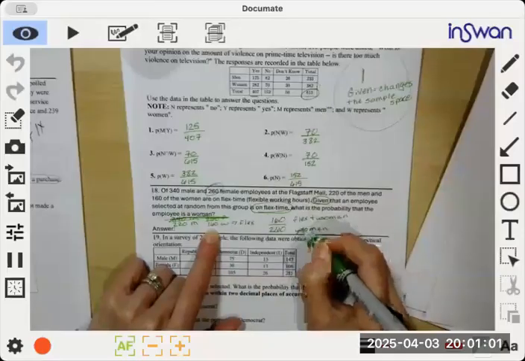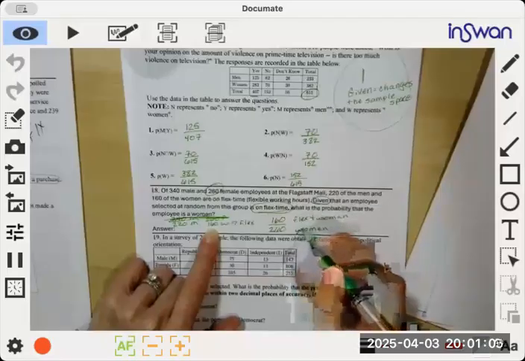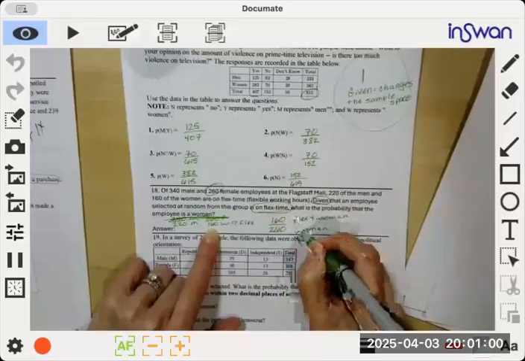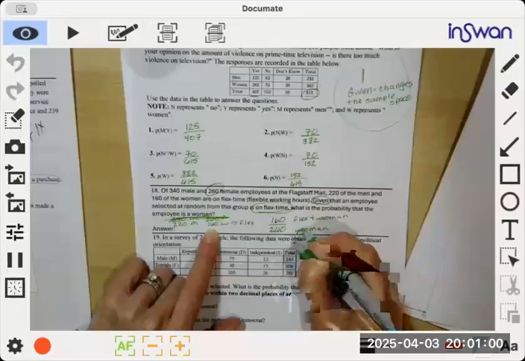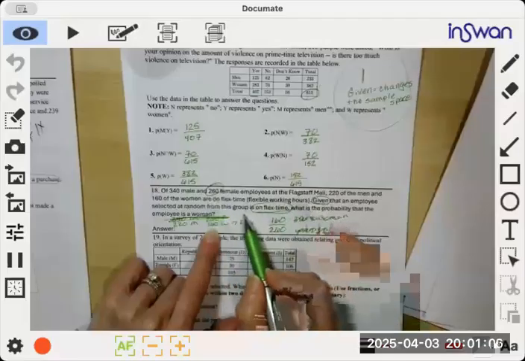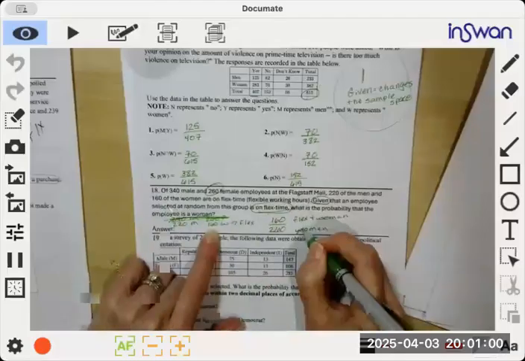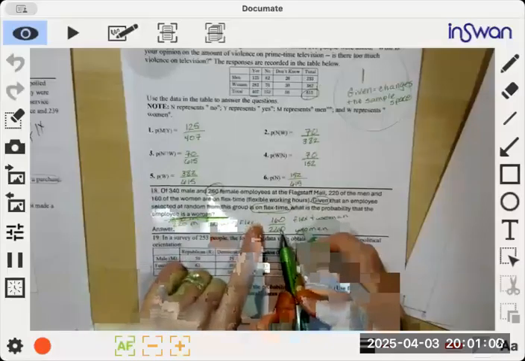Oops, did I do that backwards? Oh, no, no, no. 260 female employees. 160 over 260 is correct.